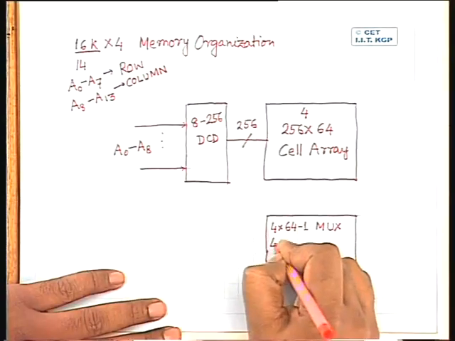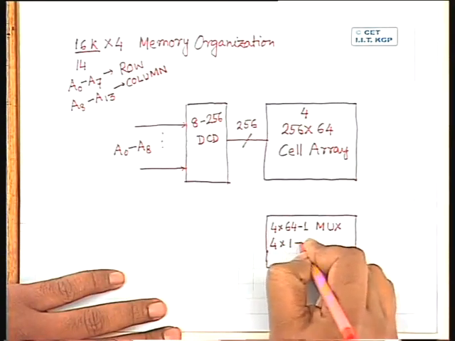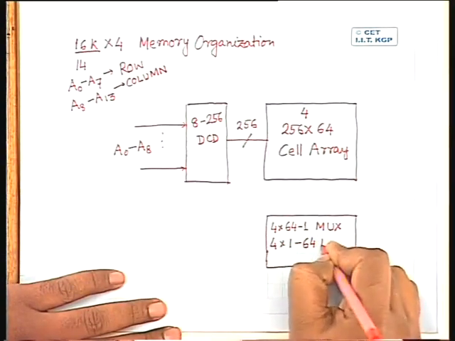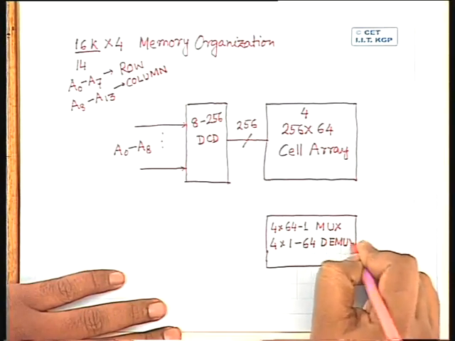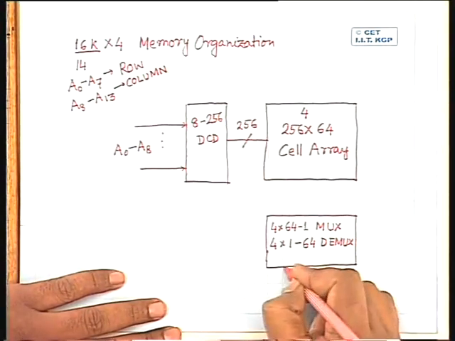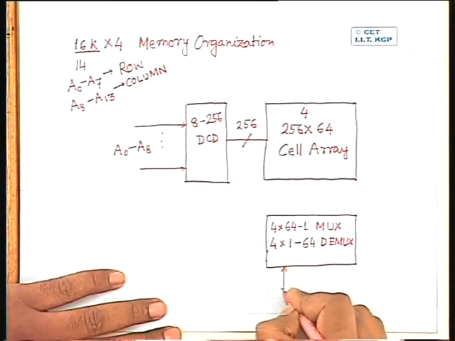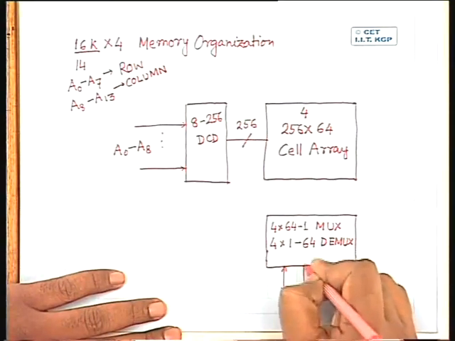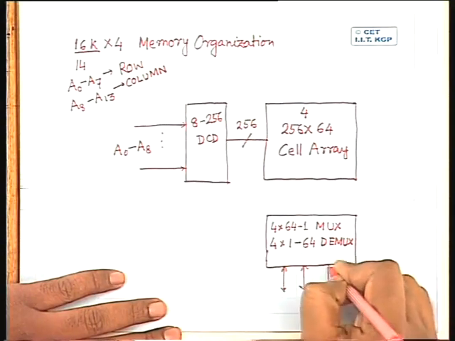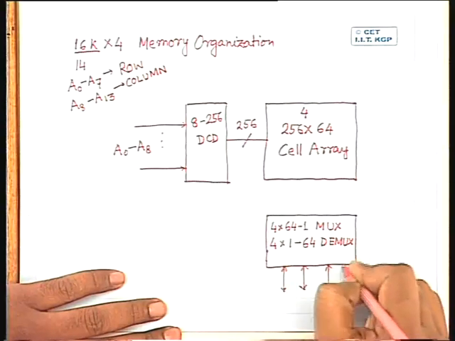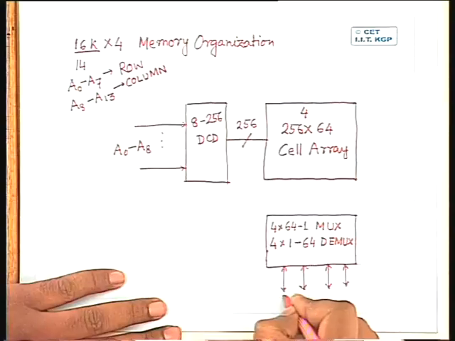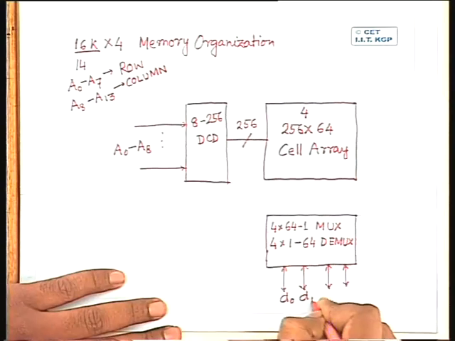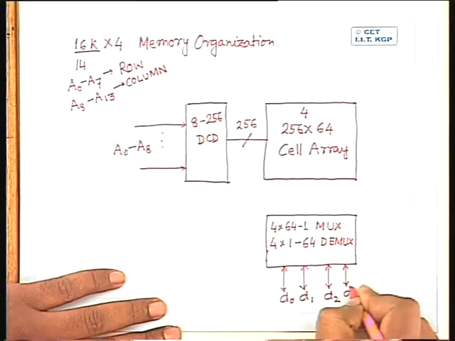I also need 4 1 to 64 demultiplexers. I will have 4 input output lines, one from each of the cell arrays. Let me mark them as D0, D1, D2 and D3.